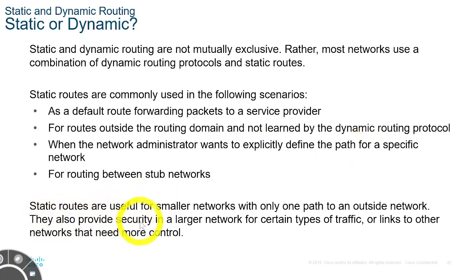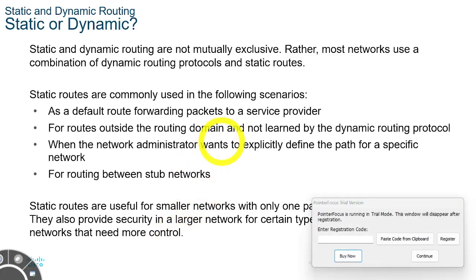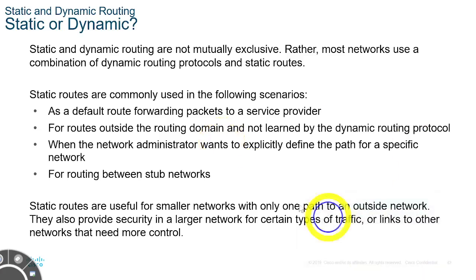They also provide security in a larger network for certain types of traffic or links to other networks that need more control. We create static routes sometimes for a whole network in order to oblige the traffic to enter only through this static path.